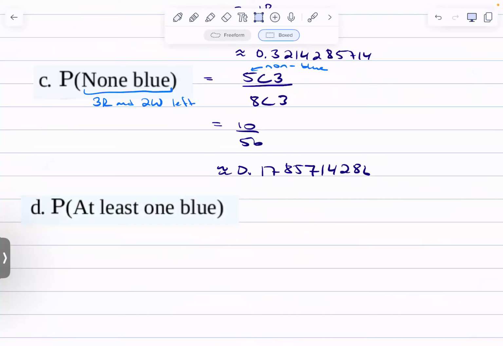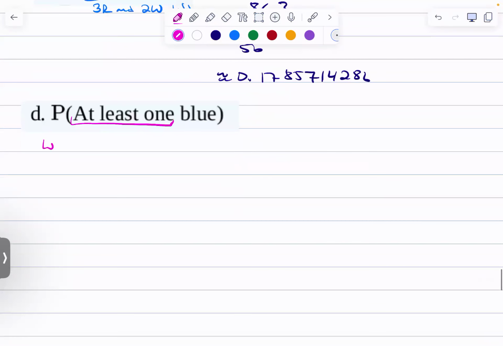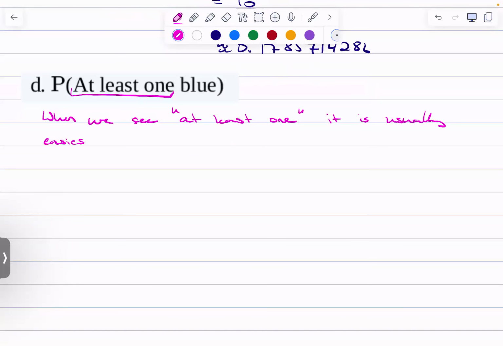This is the one that I was thinking of. If you want the probability of at least 1 blue, now the trick is when you see at least 1, it's usually easiest to use the complement instead of actually doing the at least 1.